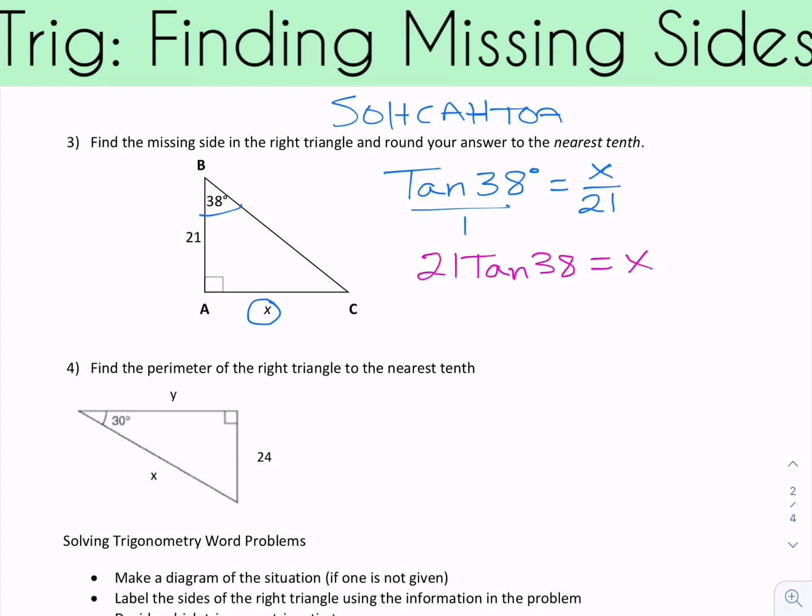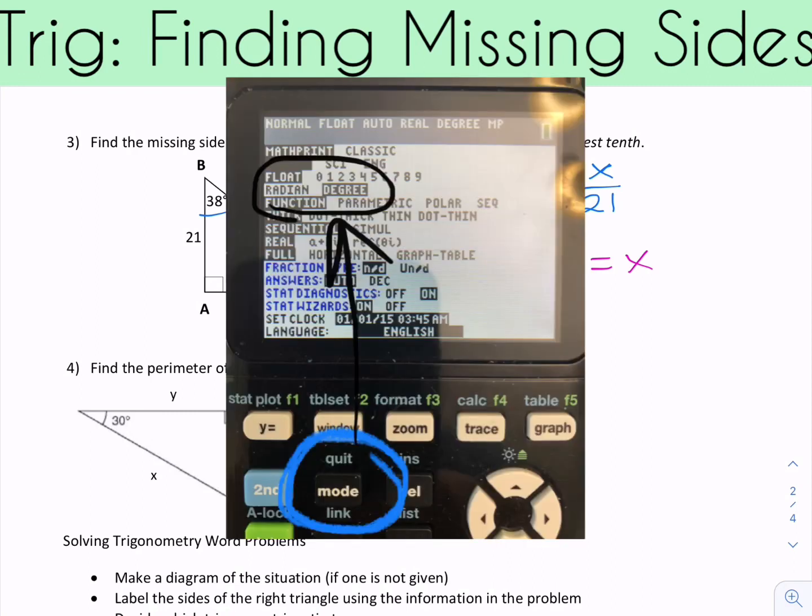Now there's something really, really important that you need to make sure of before we begin. If you go into your calculator, there is a mode button. You need to click on the button that says mode, and you need to make sure that your calculator is in degrees. Your calculator has two modes when it comes to measuring angles: degrees and radians.